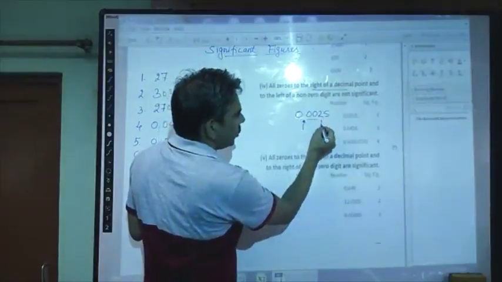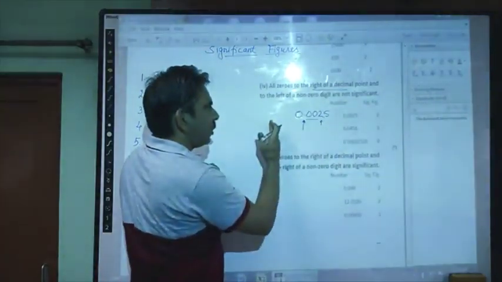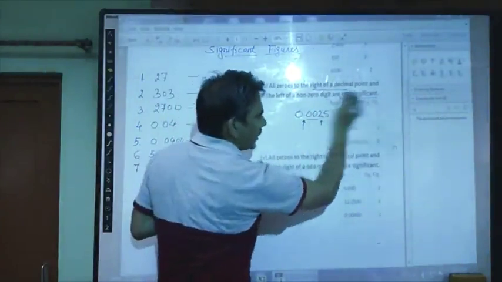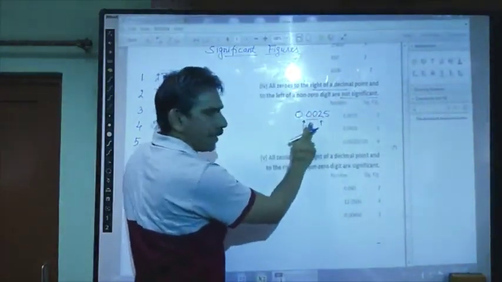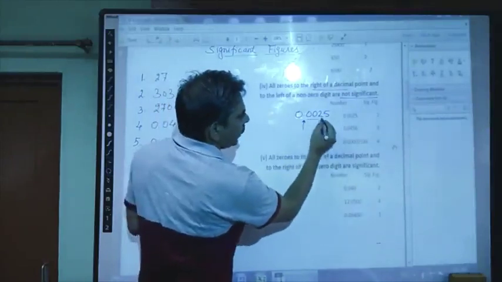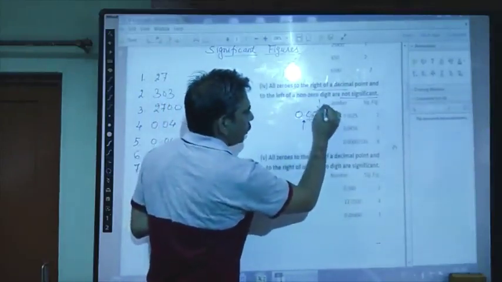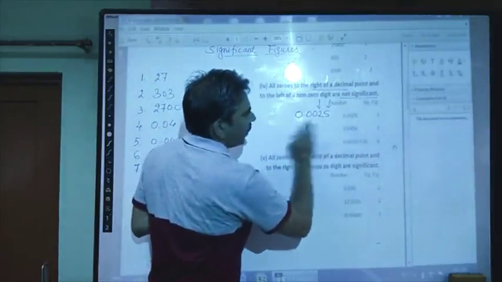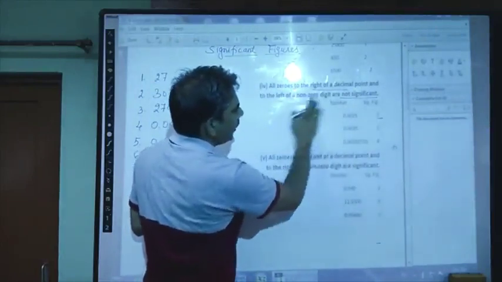So this is the non-zero digit. To the left, all zeros are not significant, so they will not hold any certainty, hence these will not be significant figures. So how many significant figures are there? Only 2 and 5. So there are two significant figures in such numbers.